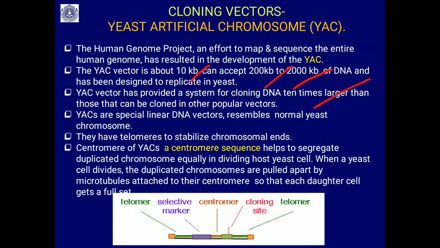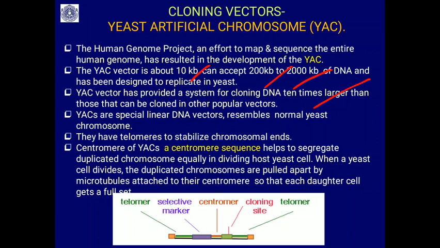You have studied the structure of chromosomes, so you will know that they have a telomere. It stabilizes the chromosomal end so that no enzyme can act on this telomeric region, a non-sticky end. Then the centromere: you know a chromosome has a centromere. Similarly, you will find a centromeric sequence which helps to segregate duplicated chromosomes equally in dividing host yeast cells.